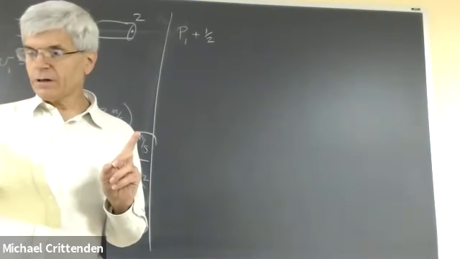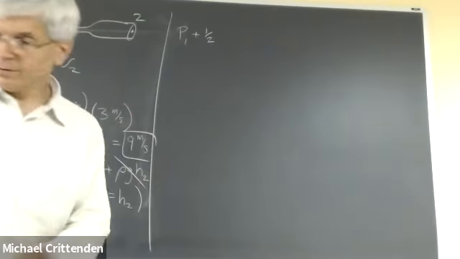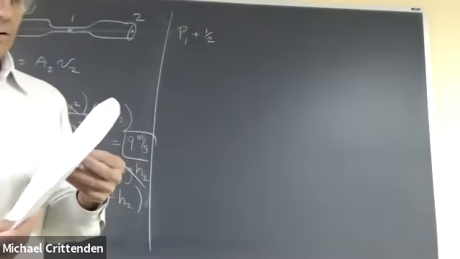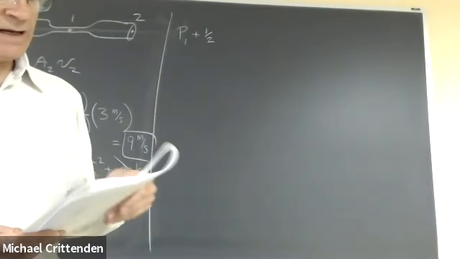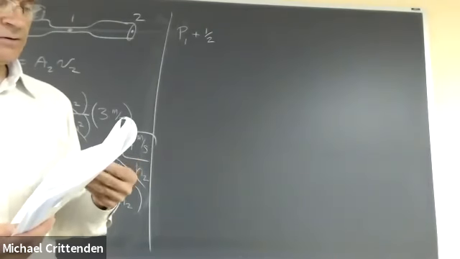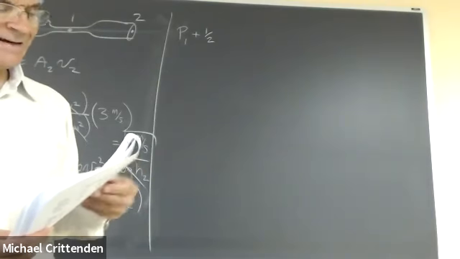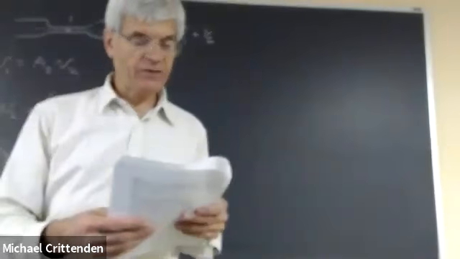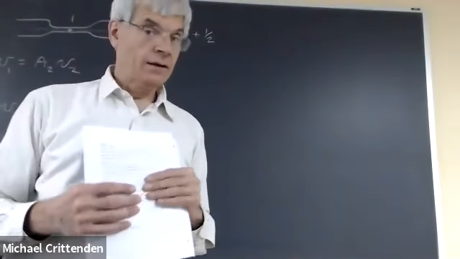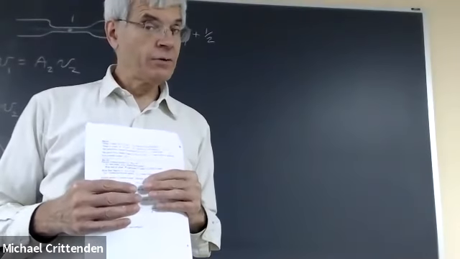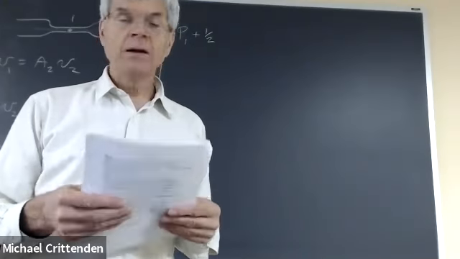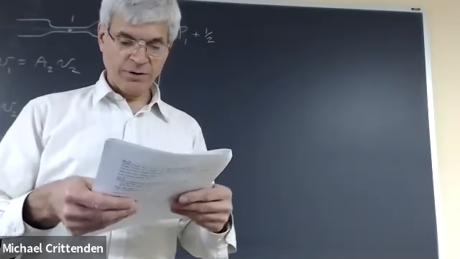The density of water is, just a second, formula sheet right here. Now, some of you may have memorized for some other course that the density of water is 1 gram per cubic centimeter. In this course, we don't usually measure things in grams per cubic centimeter. We measure in kilograms per cubic meter.